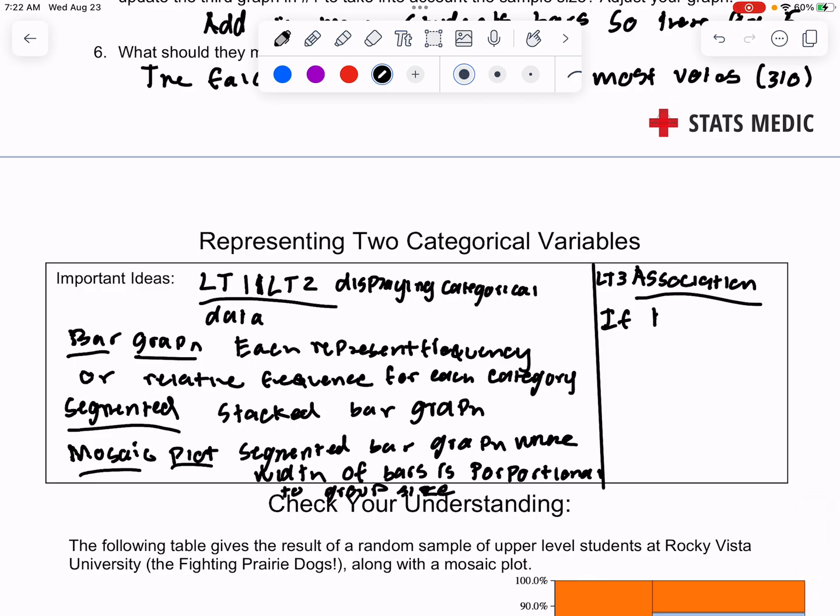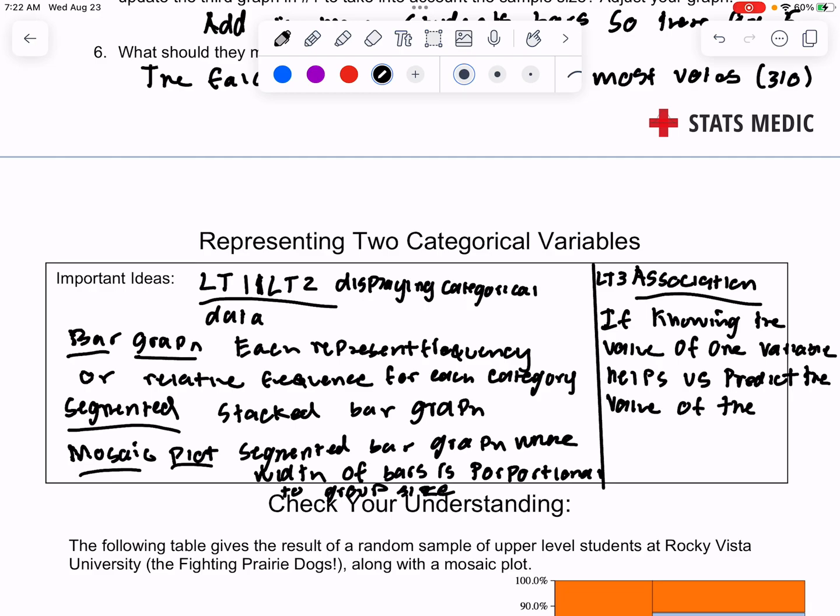So if knowing the value of one variable helps us predict the value of the other variable, then the segmented bar graph will be different.